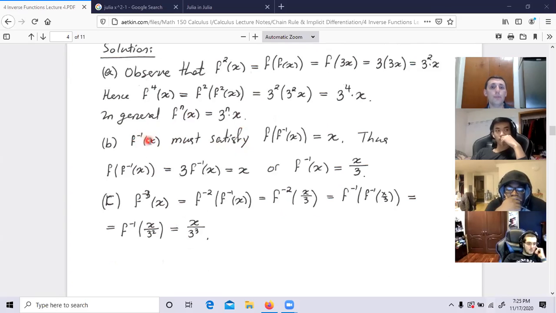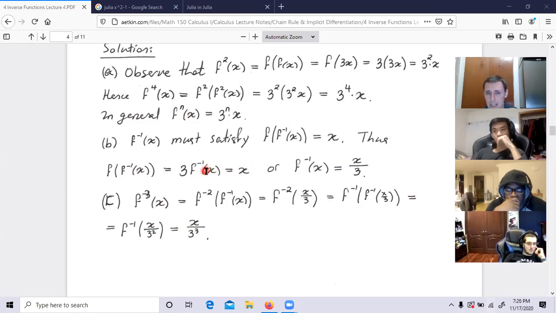So for B, we know that the inverse must satisfy this equation: f of f inverse x must equal x. In other words, the operations run consecutively will undo each other. So f applied to anything is 3 times that anything, and that should equal x.